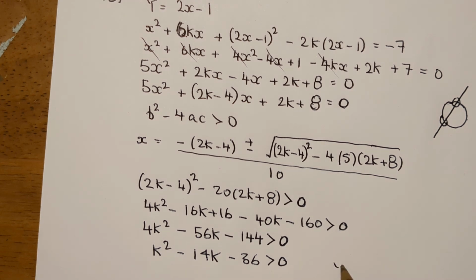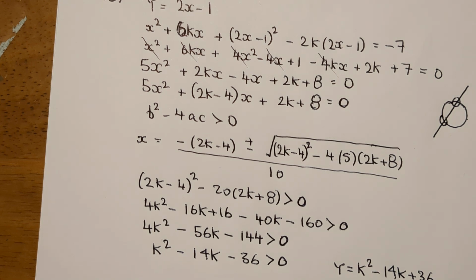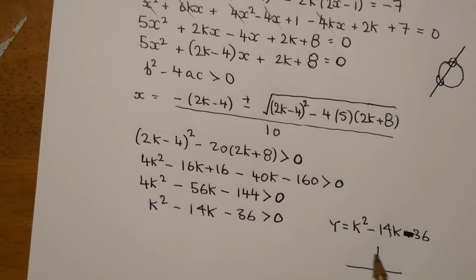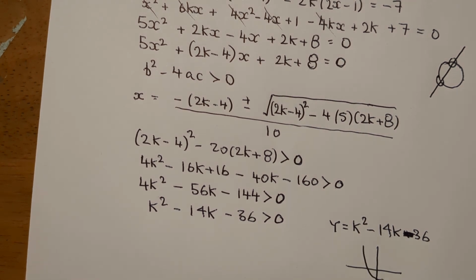Now, what I'm going to do, if you think of a quadratic, let me just write this down in this form. y equals k squared minus 14k, sorry, minus 36. What's the graph going to look like? Well, say the graph looks like this.